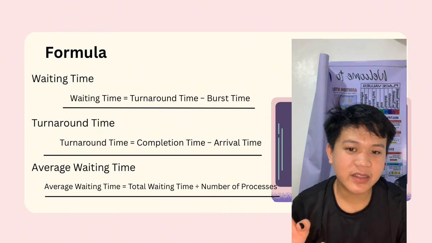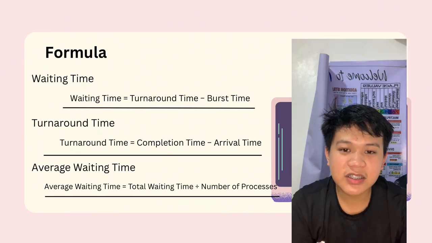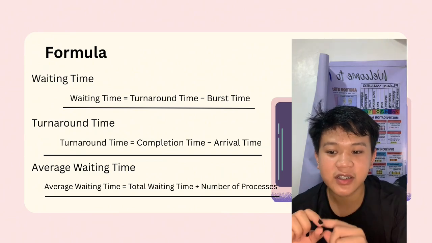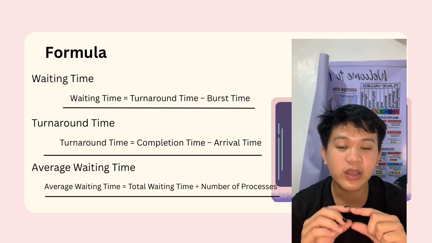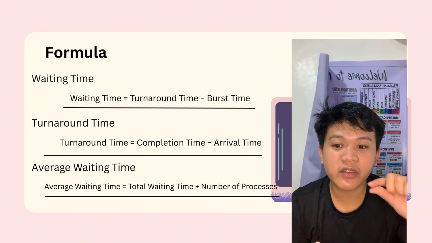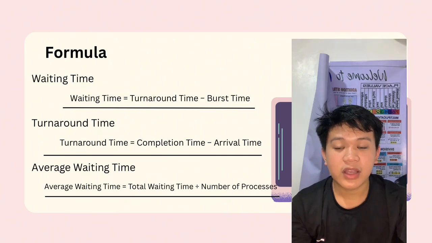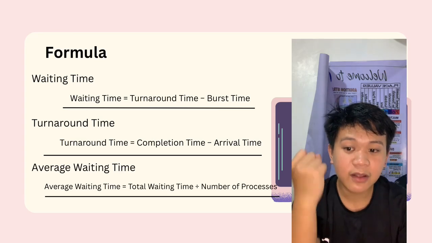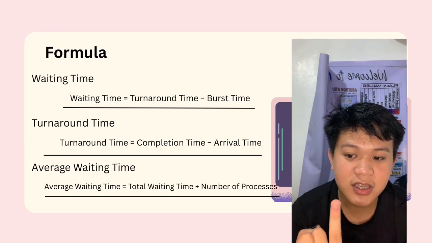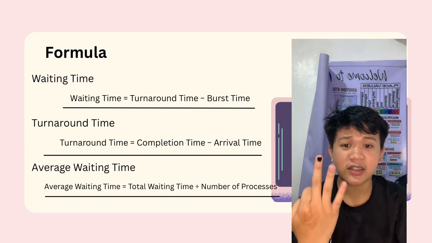Let's have the last one, the average waiting time formula. Average waiting time equals total waiting time divided by the number of processes. So again, we have three formulas: the waiting time, turnaround time, and average waiting time.